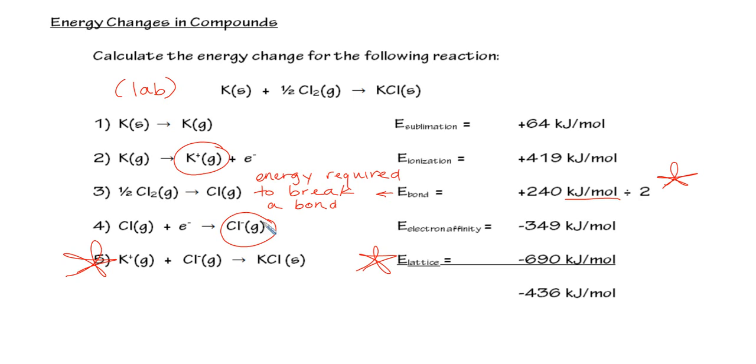That's called the lattice energy. Now, to get the overall energy change for this entire process, we just add everything up. And bingo. We would release 436 kilojoules per mole of potassium chloride formed.